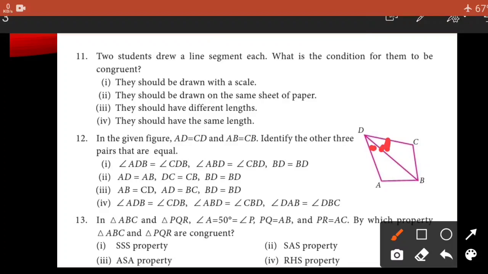Okay, next angle ABD and angle CBD. Angle CBD. Like first option, right? But the last pair they have given is angle DAB. Angle DAB is equal to angle DBC.